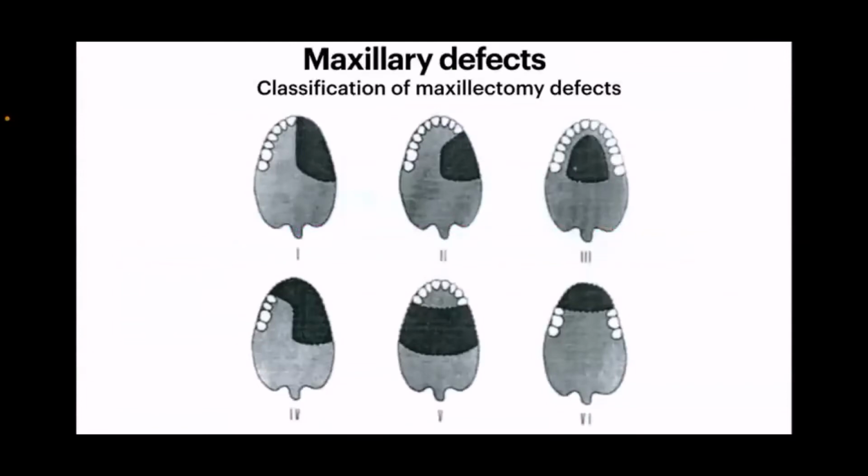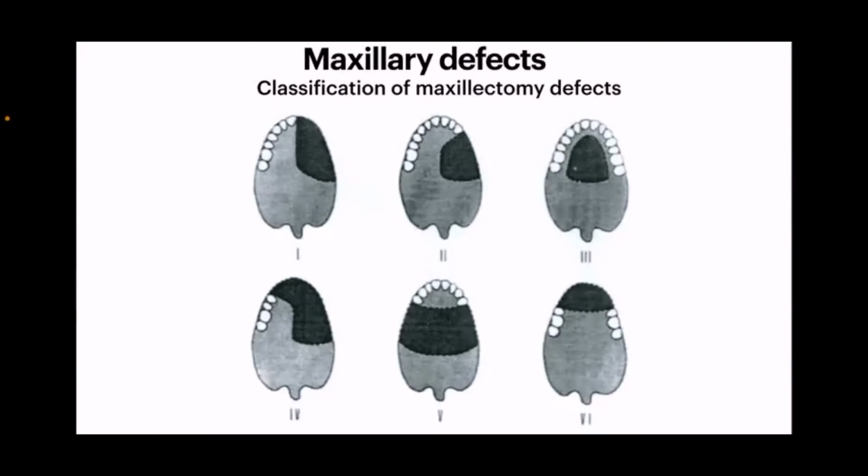Now, coming on to the intraoral defects and prosthesis. These are the classifications of the maxillectomy defects. Class 1 defects are the most frequent defects. Most patients fall into this category. Class 2 defects are the most favorable ones. The reason is the same as we discussed, because the fulcrum line is shifted to the defect side. So the prosthesis which we give in such cases has good retention, stability, and support.